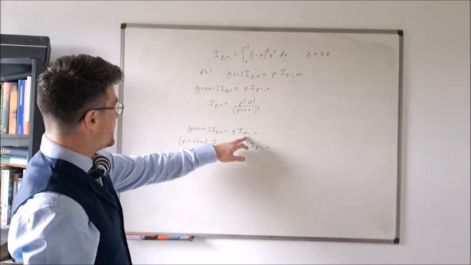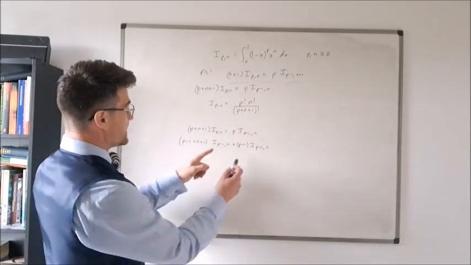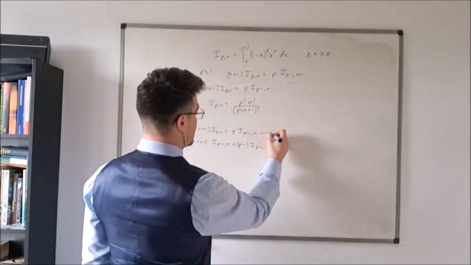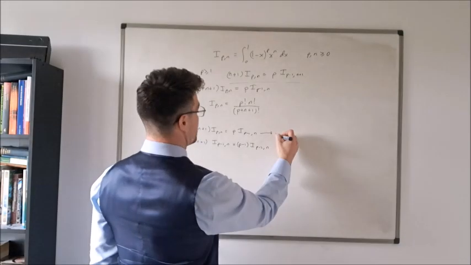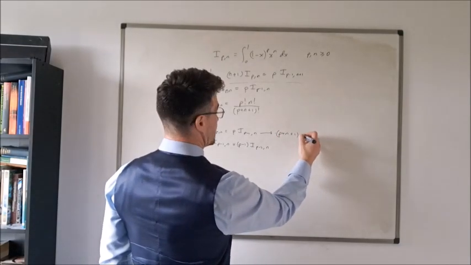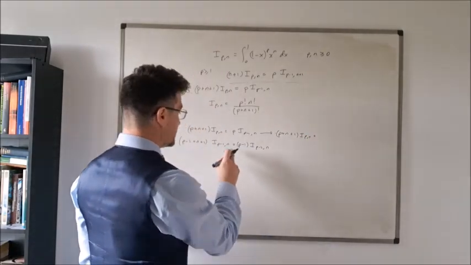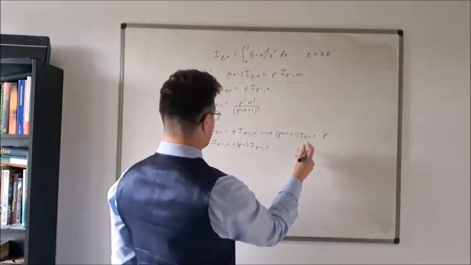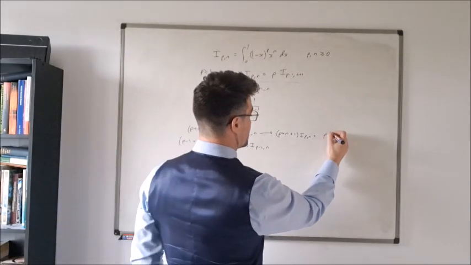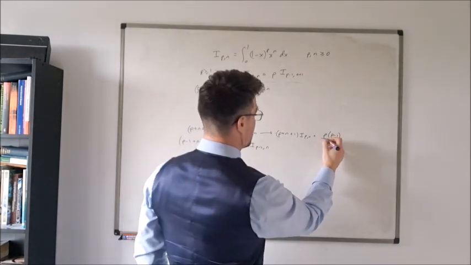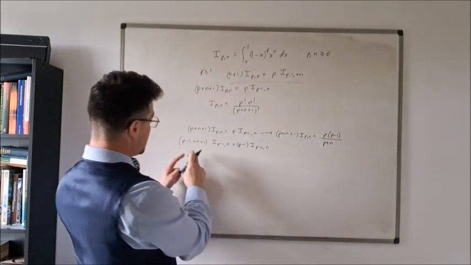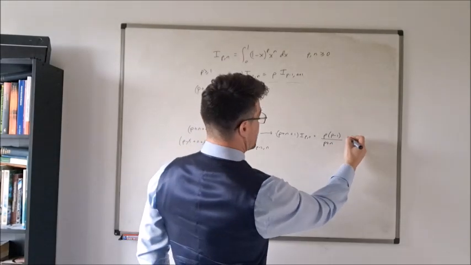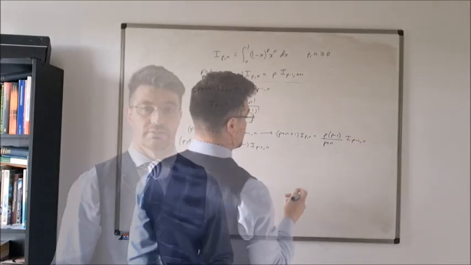So I can actually replace the I_{p-1,n} here with a suitable expression over here. So in other words, (p + n + 1) I_{p,n} is going to be equal to p times (p - 1) over (p + n), since it's p - 1 + n + 1, so cancel, p + n, I_{p-2,n}.